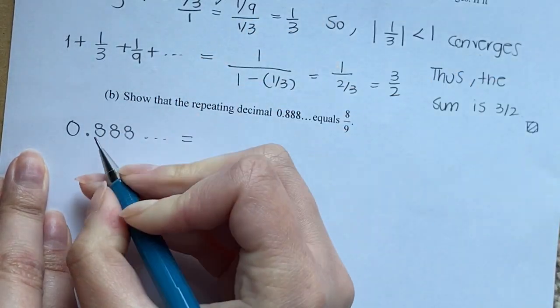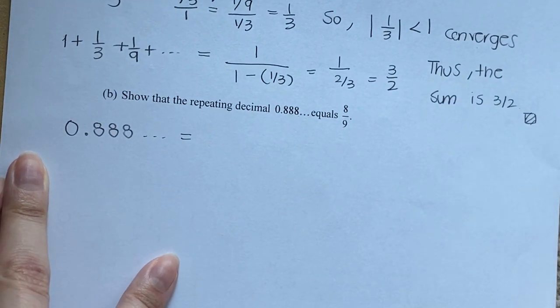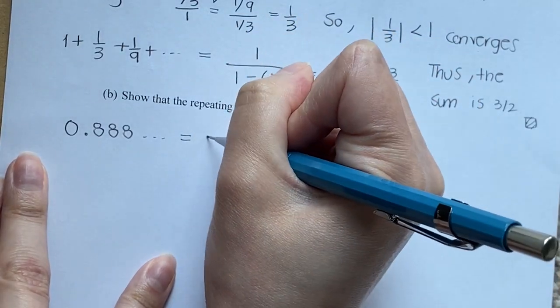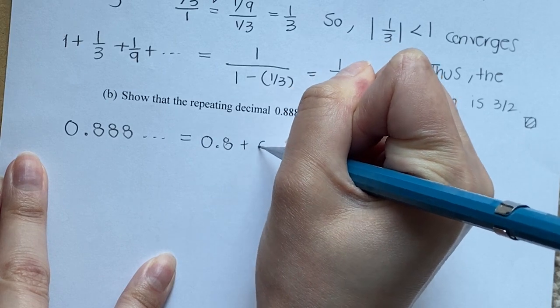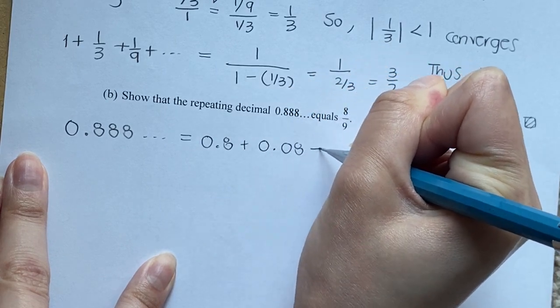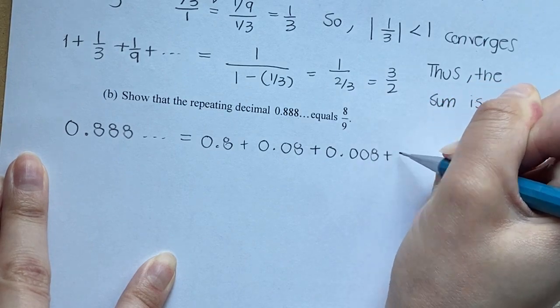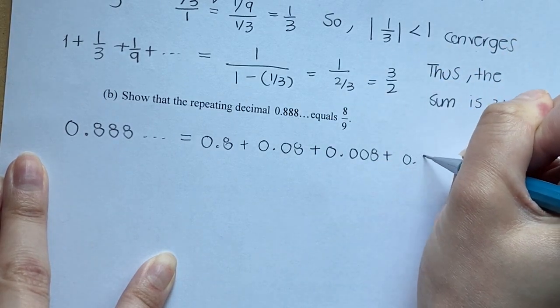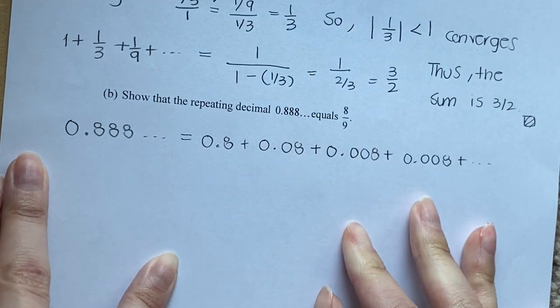If I'm talking about series, I'm talking about partial sums. So I know that this is the same as 0.8 plus 0.08 plus 0.008 plus ... I know that this is true, right?